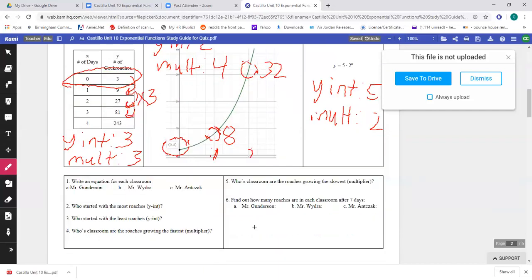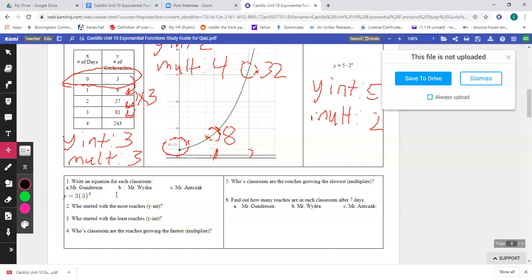So now, number 1 says, write an equation for each classroom. Okay, that should be pretty straightforward once you have your y-intercept and your multiplier. So Mr. Gunderson should be y is equal to 3 times 3 to the x.